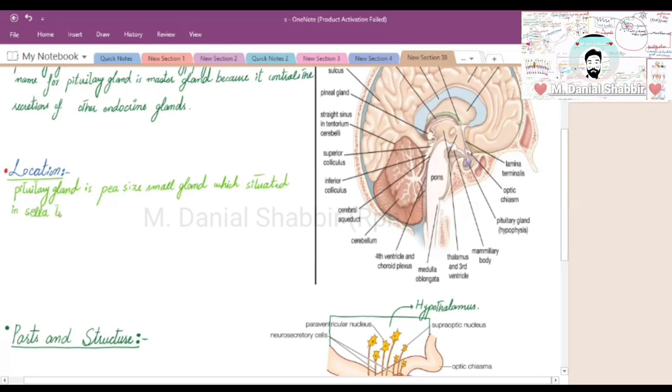Sella turcica. What is sella turcica? Sella turcica is basically the depression in the sphenoid bone where the pituitary gland has been placed.